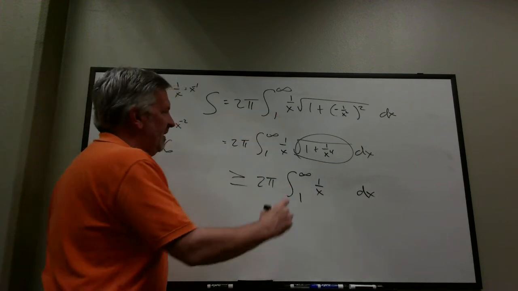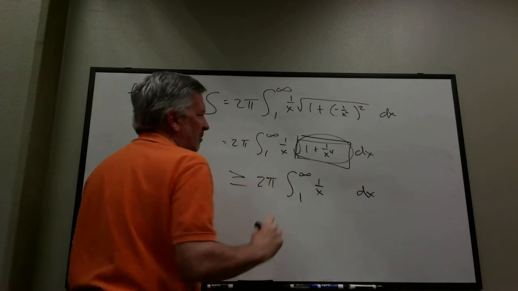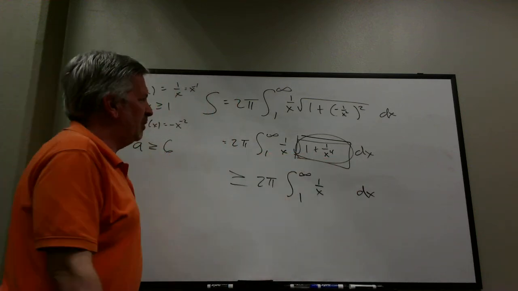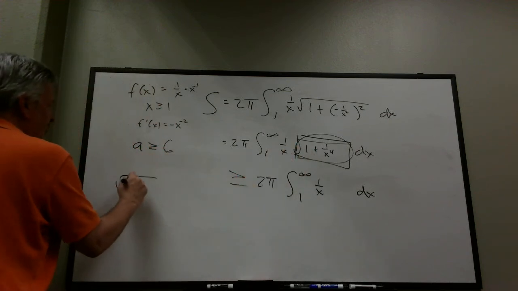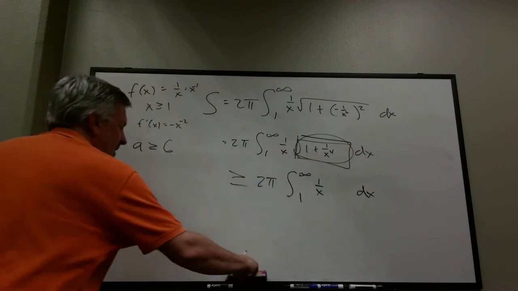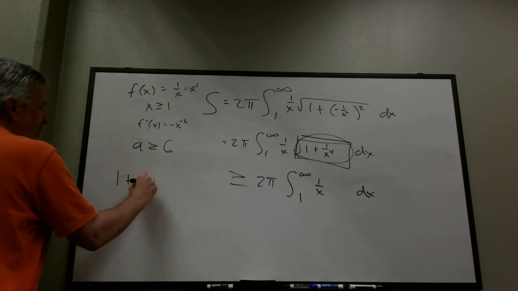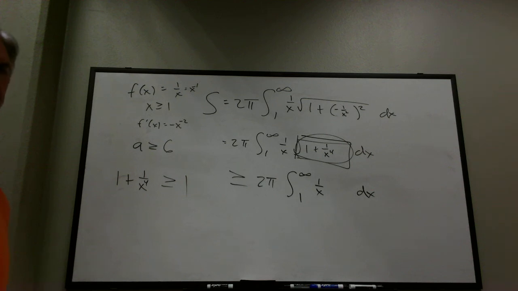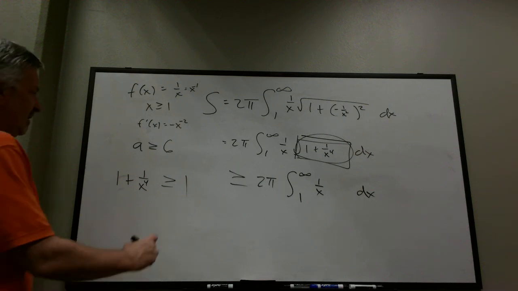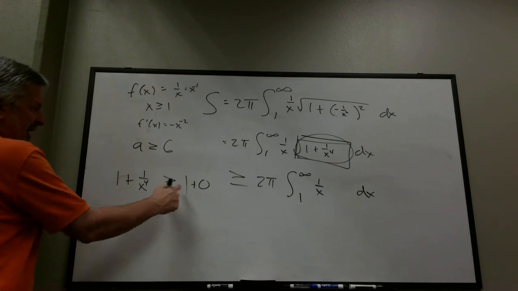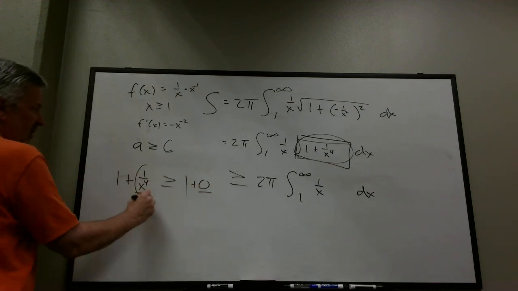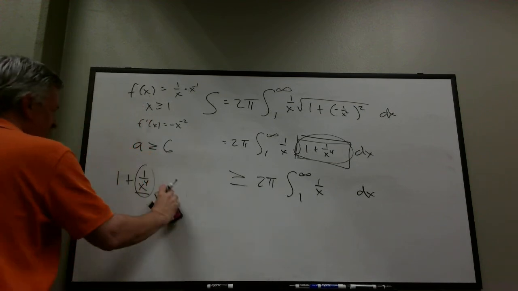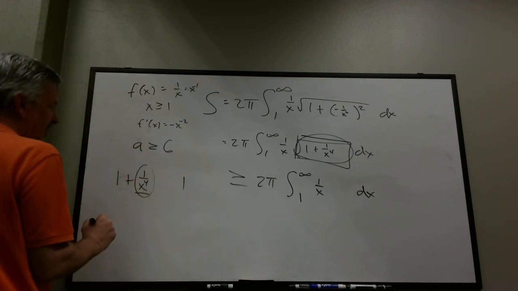I left everything else the same, but let's look at this radical right here. X is at least 1. Do you agree that 1 plus 1 over x to the 4th will always be bigger than or equal to 1? So if you think about what I'm arguing here, 1's the same, I'm replacing that with 0. This is always bigger than or equal to 0, isn't it? So start with this expression, leave the 1 alone.